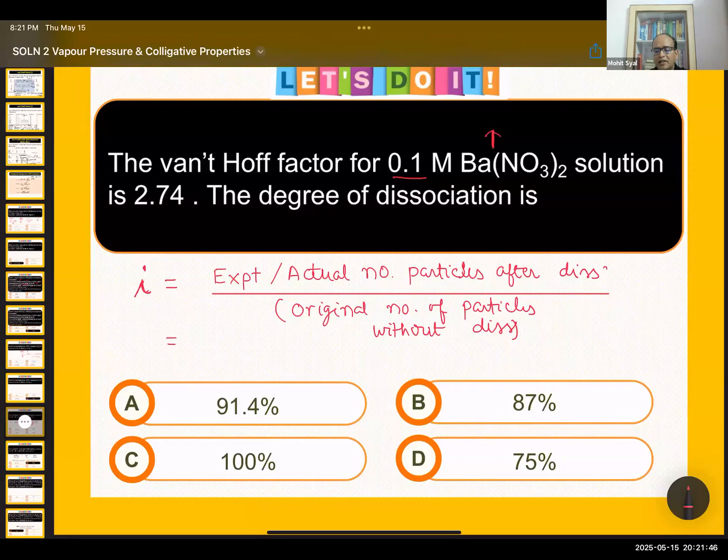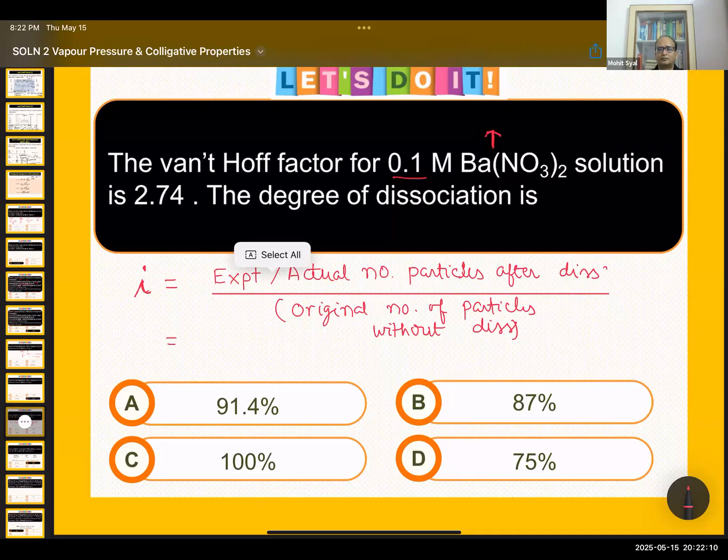Maximum value of I for barium nitrate. Just imagine how it is going to get dissociated, and how many particles from one barium nitrate it becomes after dissociation.